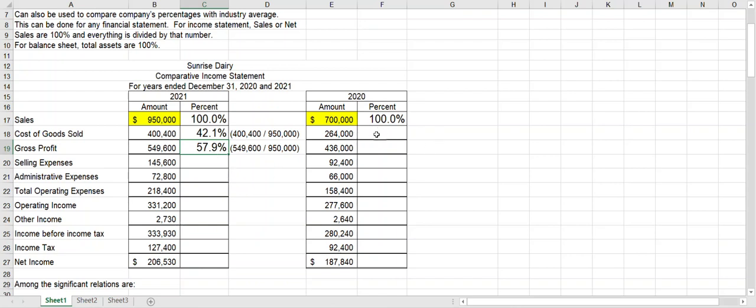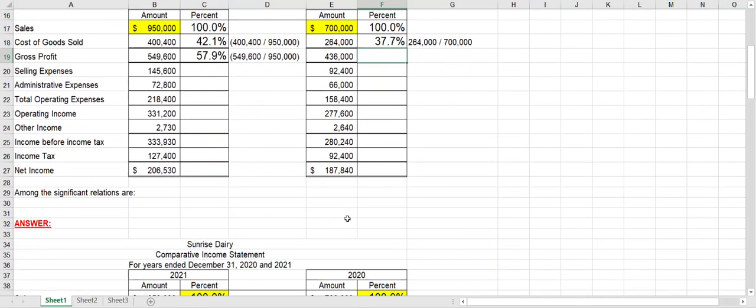Over here, everything will be divided by 700,000. So for example, it will be 264,000 for cost of goods sold divided by sales, or 700,000. Okay, and when you do that, you will get 37.7%.